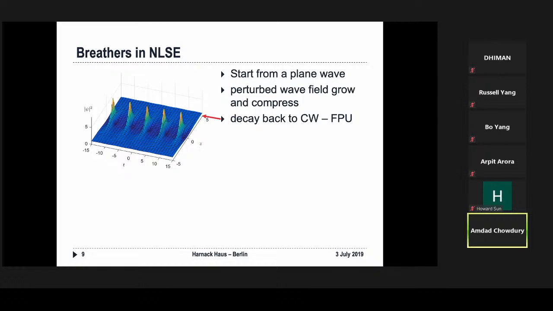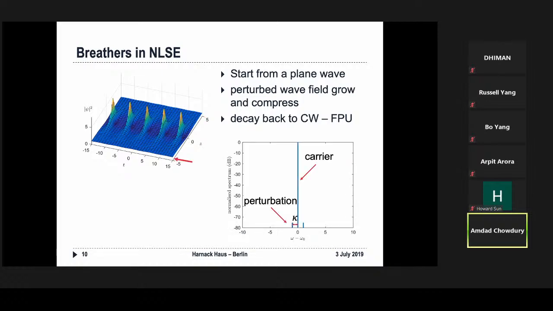So this is the temporal, I mean, the time domain or time behavior of the solution. But if you look in the frequency domain, as you can see, the carrier is a single frequency carrier, and we modulate this carrier with two sidebands, two very small frequencies.